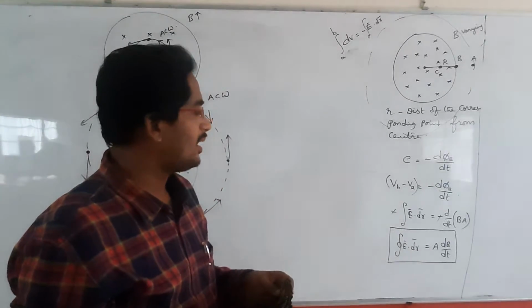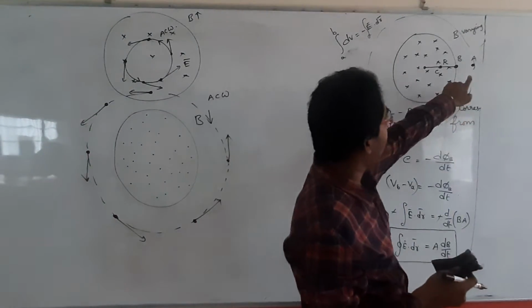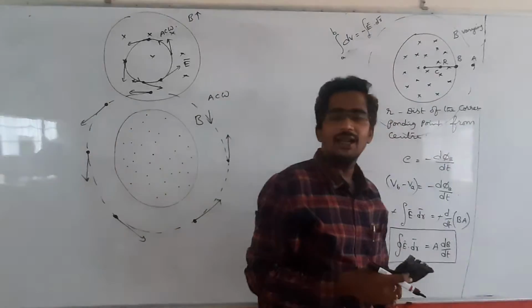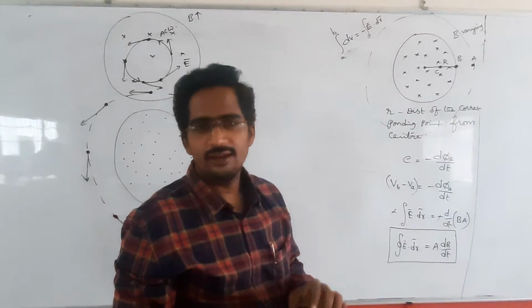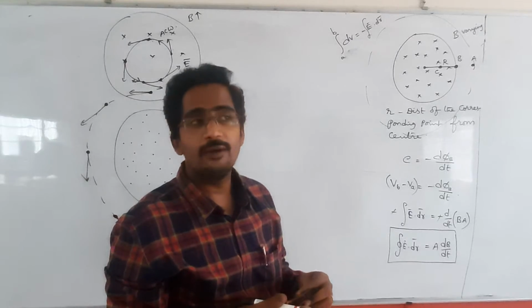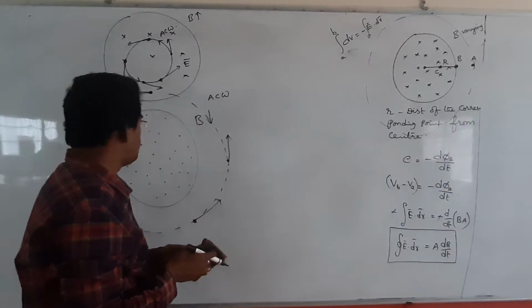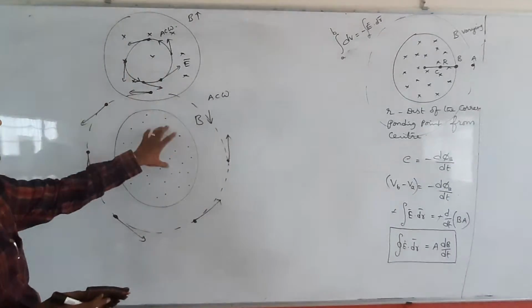Now we are going to calculate the electric field intensity at A, B, and C for a cylindrical variable magnetic field region. Let's see that. Do remember it well. It's a very important point.